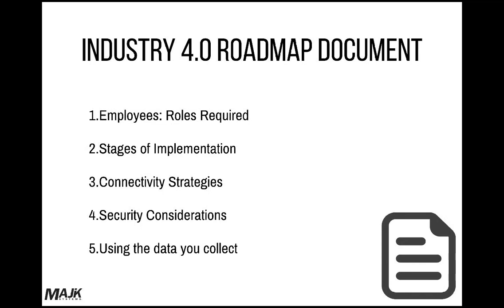You should also be able to identify what type of network you have and get questions answered from your plant teams about what networking protocols could be used for data collection. And then I would also say that moving forward, you want those security considerations in the document to be answered as you move forward with the project. And then you should have sort of as that carrot for all the different teams involved, how using the data you can collect can help each of them with their jobs.